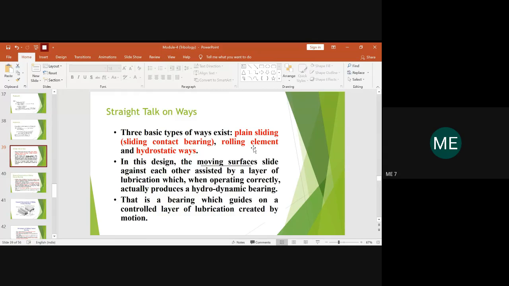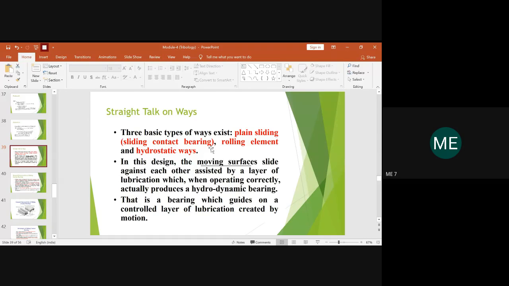These are the ways in which you have relative motion. Based on the relative motion, you can categorize bearings into 3 basic types: plain sliding or plain contact bearing, the rolling element bearing, and the third one is the hydrostatic type.